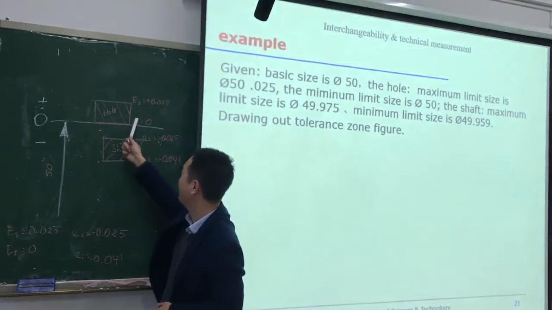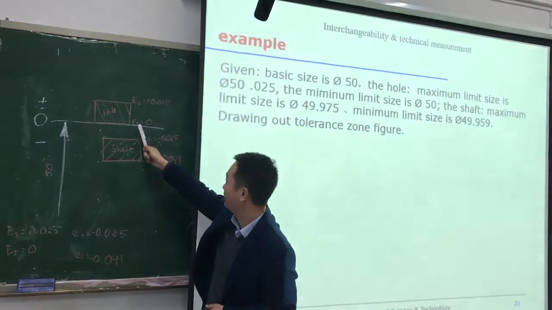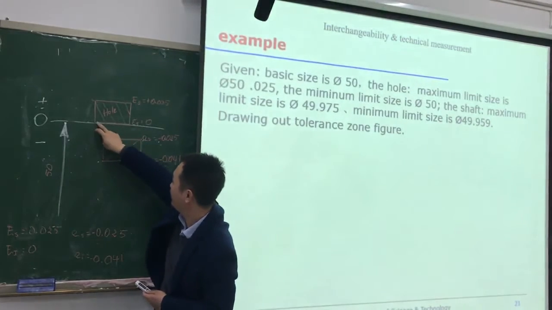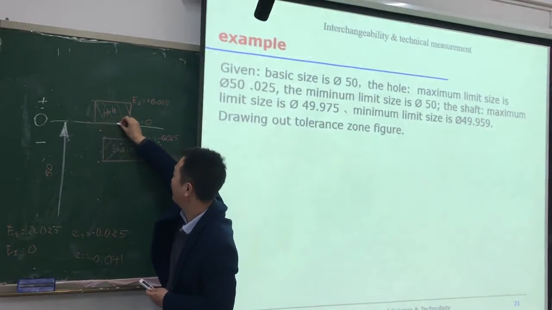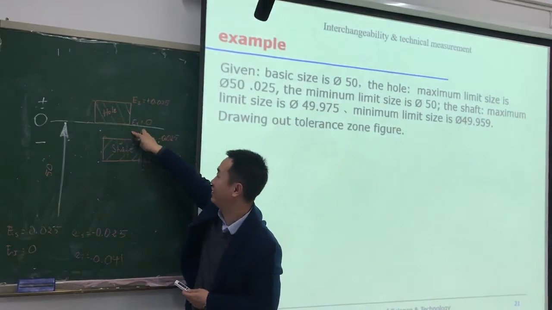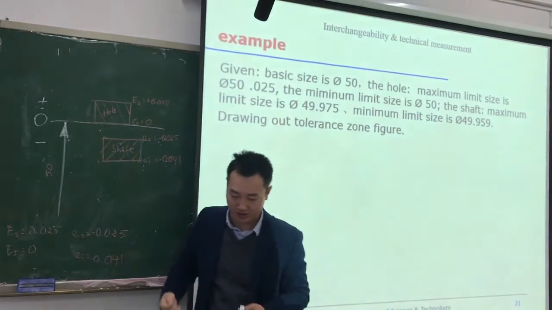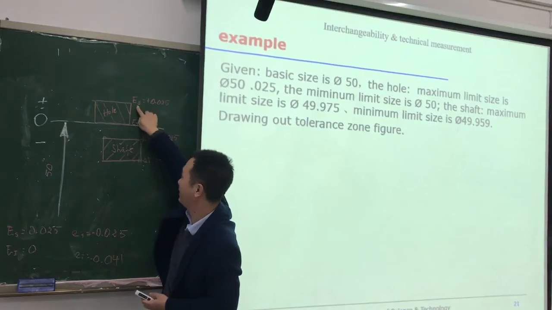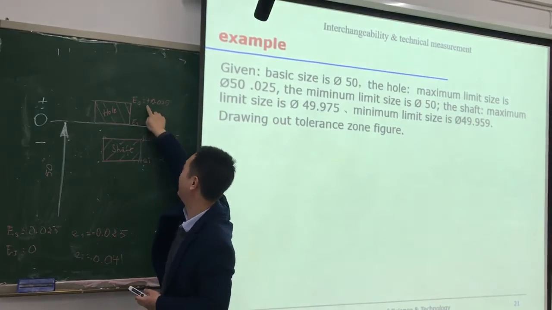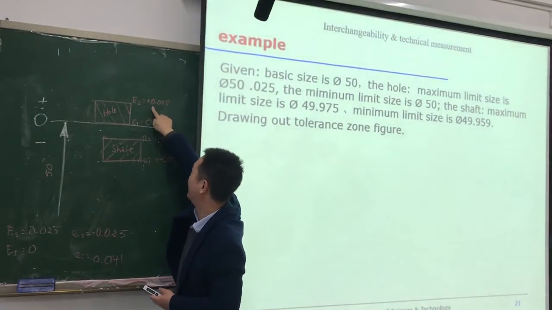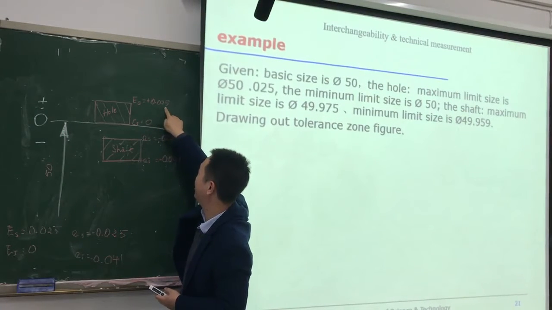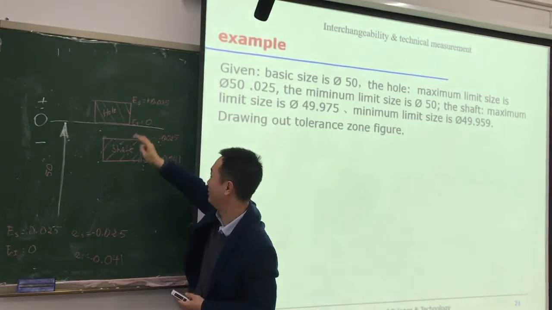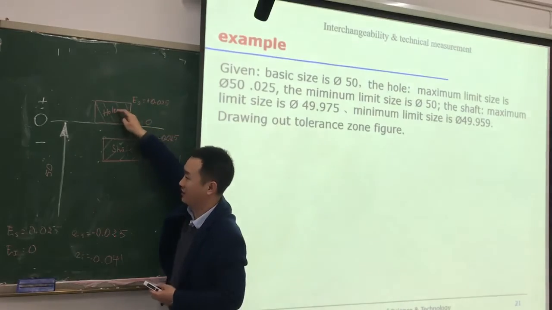And so we can see here the lower deviation for the hole is 0. So this line should align with the 0 line, not above. Sometimes we should look into the real values here, and then for the upper deviation we can calculate the result is 0.025. Remember to put the plus sign here. The plus sign should not be omitted, and we can get the tolerance zone.